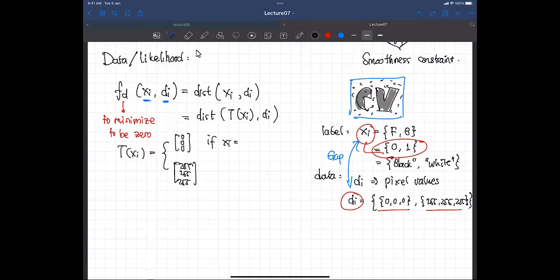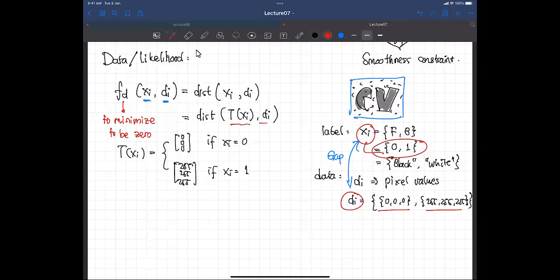Xi equals to 0. And otherwise, if xi equals to 1. So that's how we transform xi into the same scale as di. Right? So now we have the same scale. There's no gap.